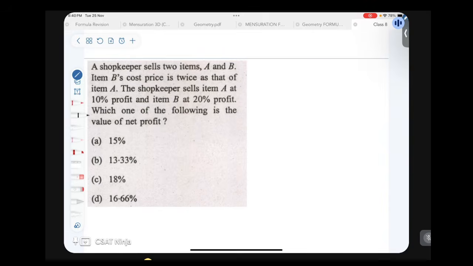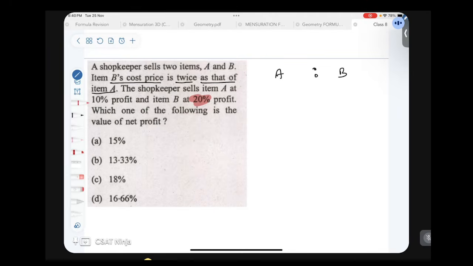So the question is like this: there are two items, A and B, and the question says B's cost price is twice that of the item A. You might remember me, when there is percentage, I will always assume 100 there.